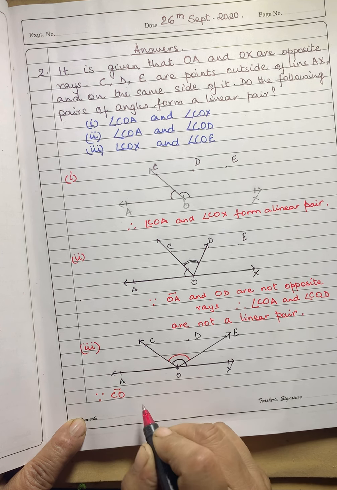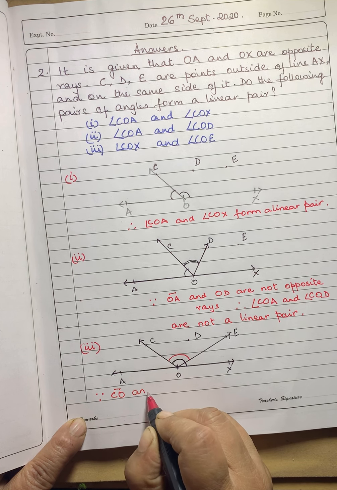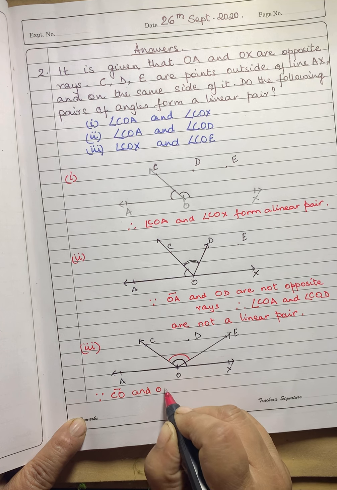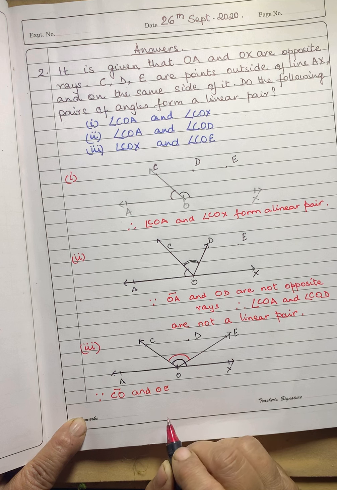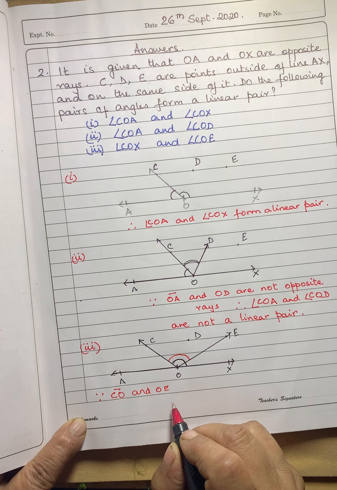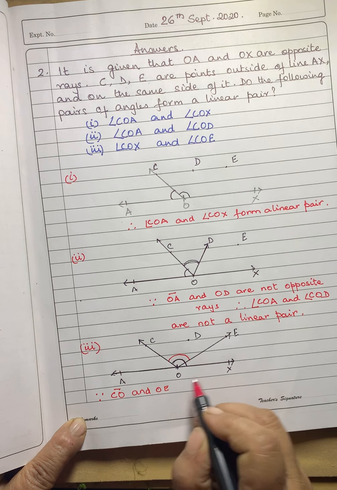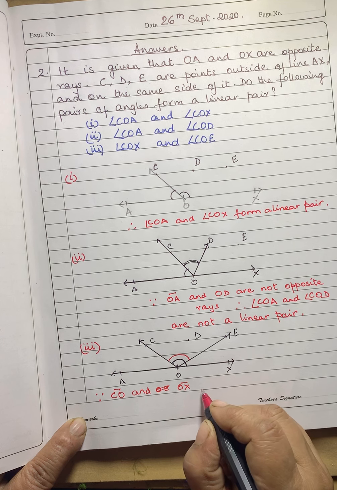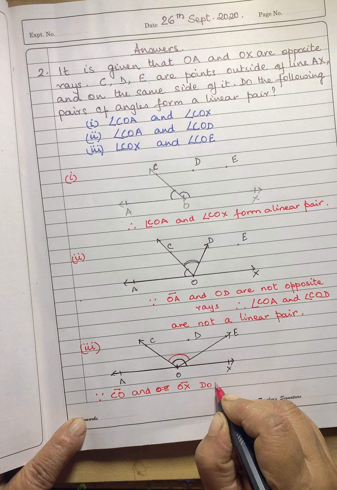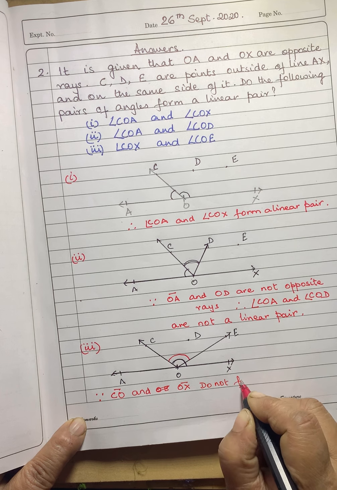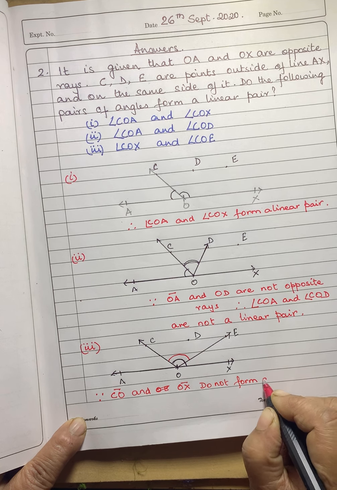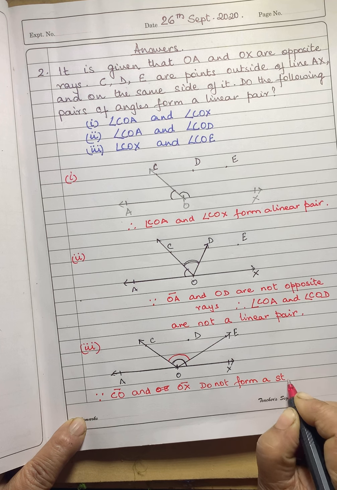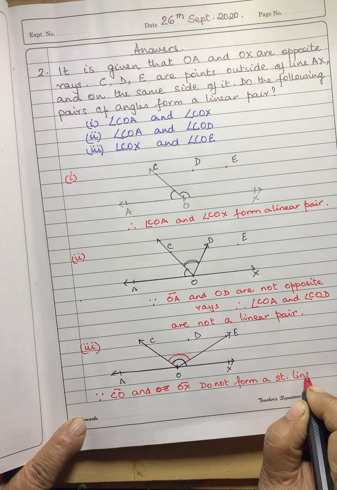Line CO and line OX do not form a straight line.